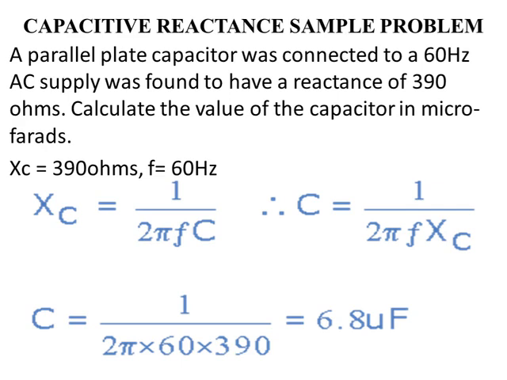I know some people might be wondering how we arrived at 6.8 microfarad. You divide 1 by 2 pi times 60 times 390, remembering that pi is 3.142.